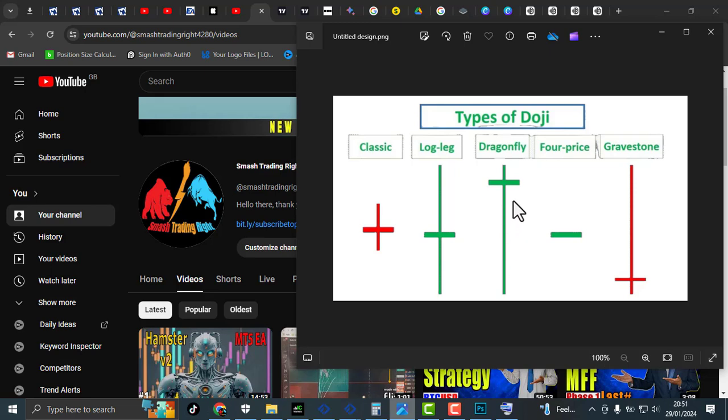Then one like a minus, kind of just a dash. And then the gravestone, as you see. The plus, being the classic, is basically indecision, and probably, either on lower time frames, it hints for you to get out of your trade or to continue your trade.